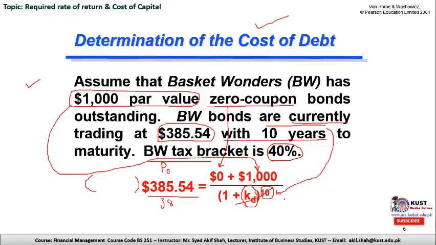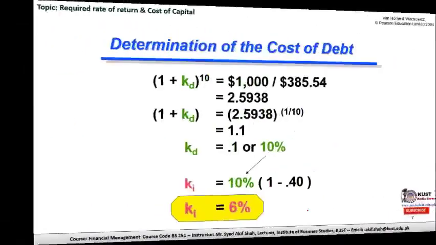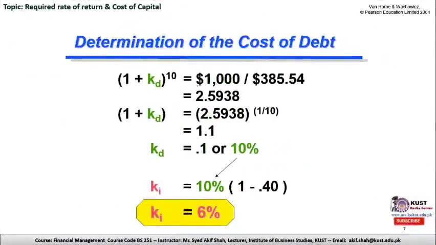So therefore, this expression will go towards the left hand side and the remaining equation will be at the right hand side. As we can see, we have cross multiplied with 1 plus Kd raised to the power 10, giving 1000 divided by 385.54, by simply rearranging the equation with the help of cross multiplication and division at both sides of this equation.